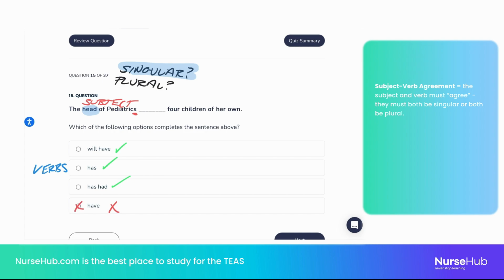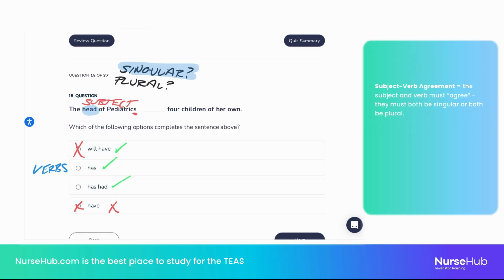Now we want to look at what tense it's looking at. The head of pediatrics will have 4 children of her own. Ooh, that's like a weird prediction. I'm not like a fortune teller. I'm not a mind reader. You will have 4 children. We're not doing that in the sentence, right? So that is not correct. Has is singular. It's present.